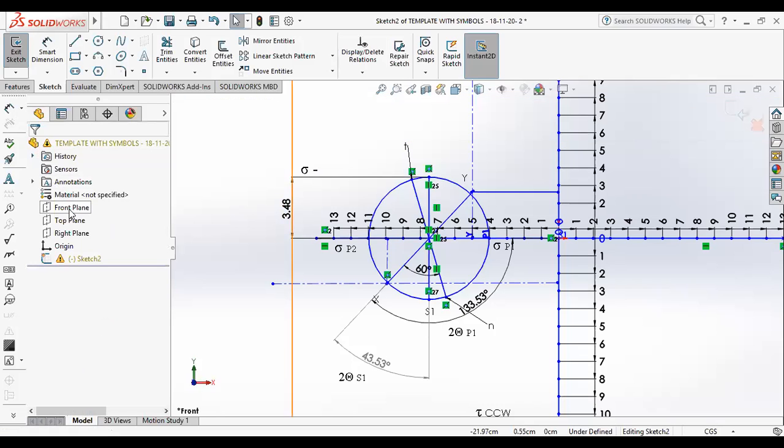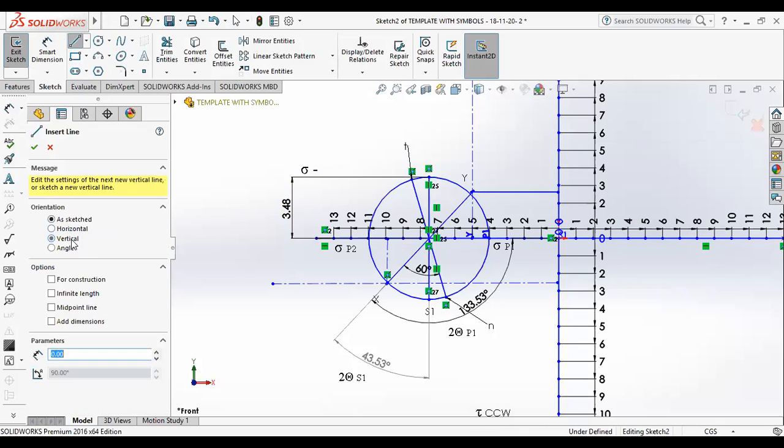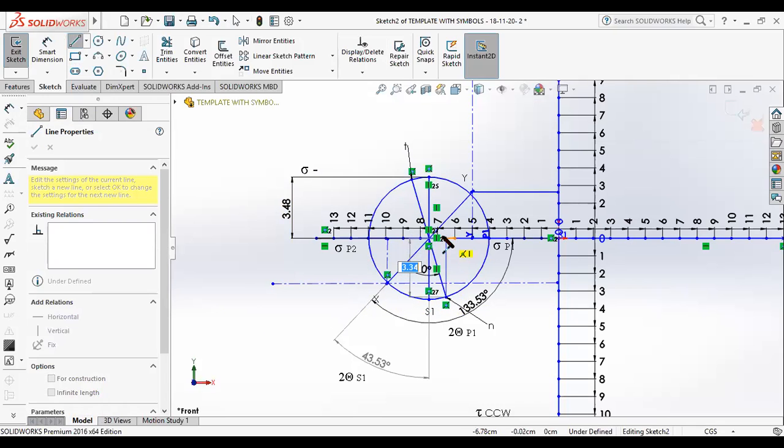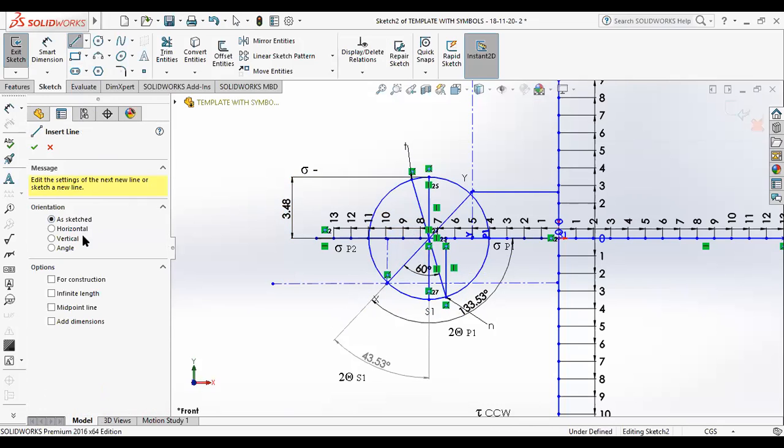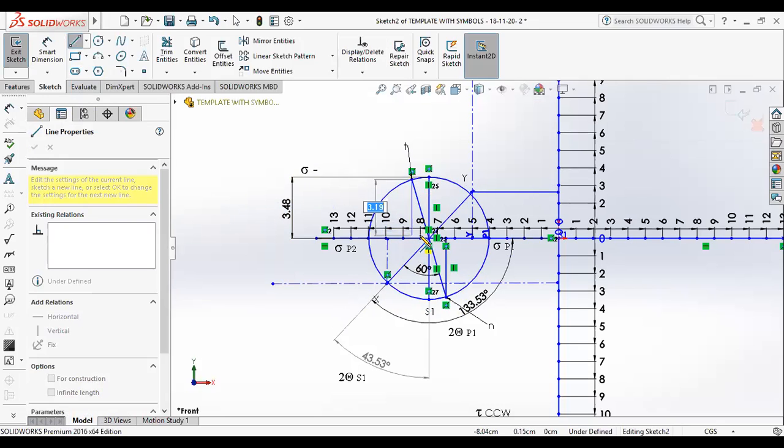In order to measure the magnitude of normal and tangential, take a vertical line. This is my normal. From here, drop a vertical line. This is my sigma x dash, and from here I'll drop a vertical. This is my sigma y dash, tau dash.